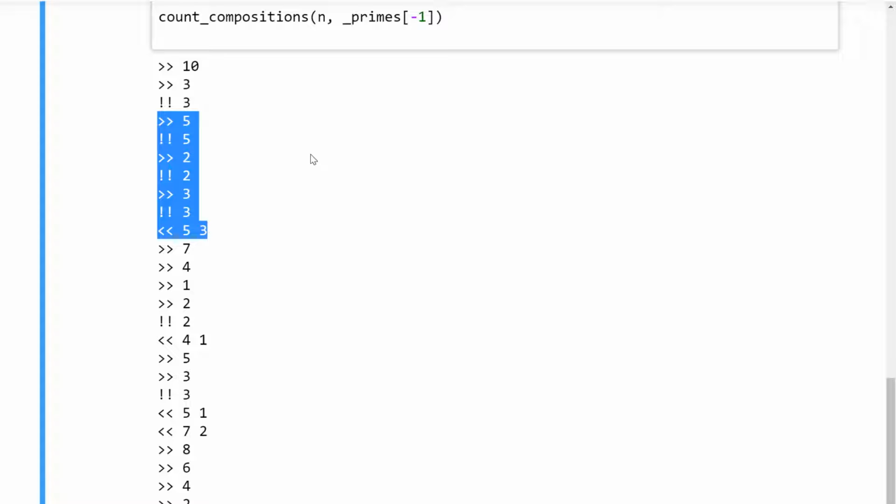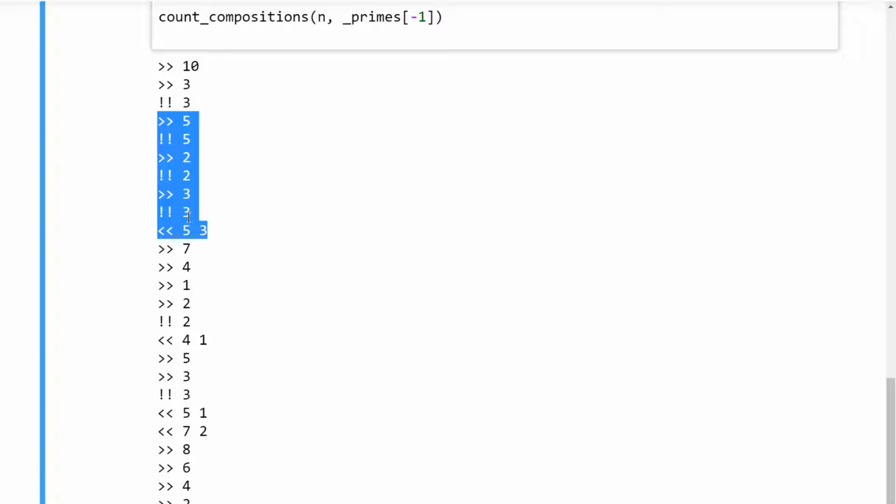Right? So here, this is generated by having 3 as the prime. And this is generated by having 2 as the prime. So we should be counting here.